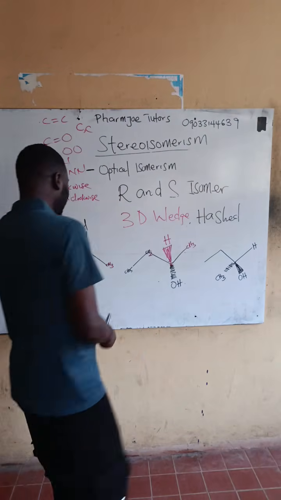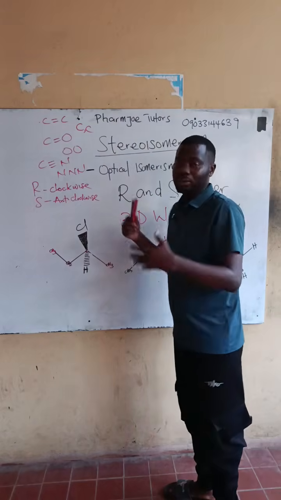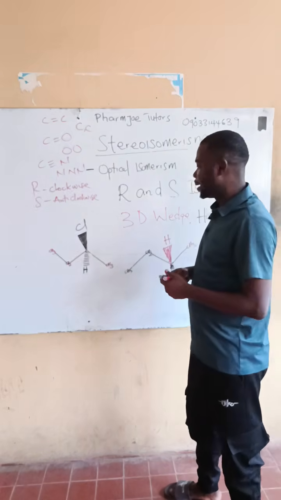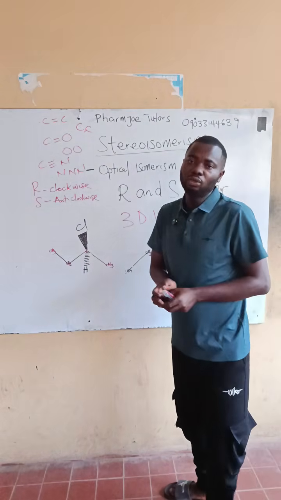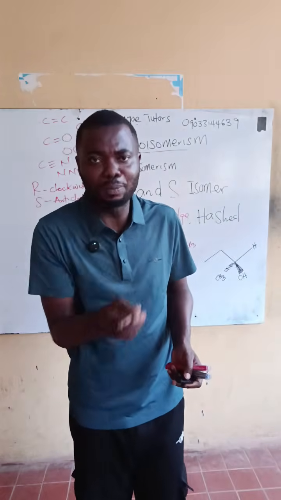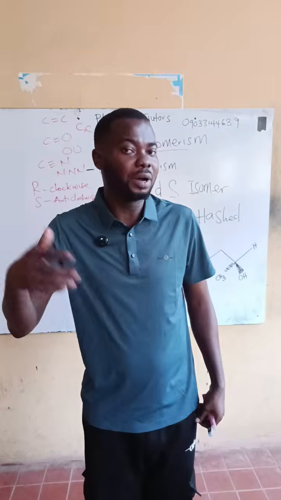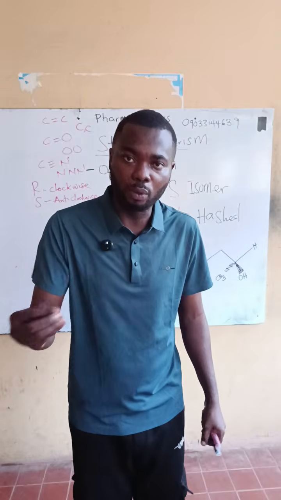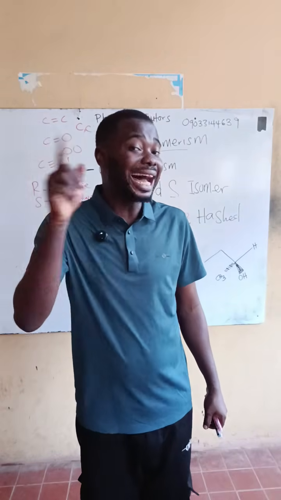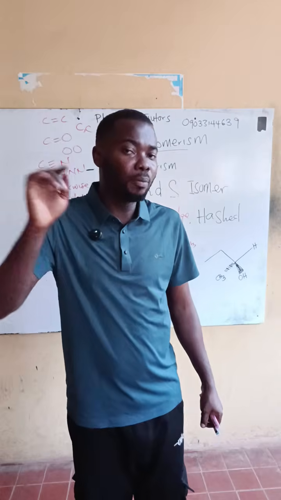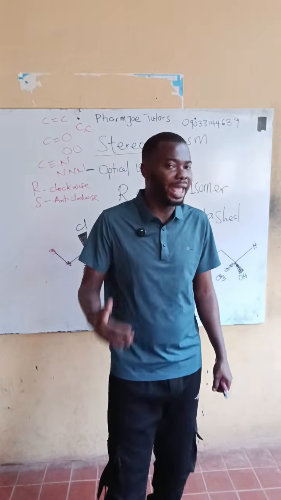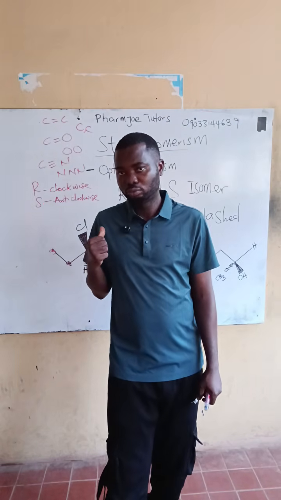Now, very simple. Firstly, like we normally do, we assign priority. Then don't forget, I told you that the lowest priority, most of the time hydrogen is always the lowest priority, but any other element or substituent can be the lowest priority. That number 4 should always be pointing where? Away from you.